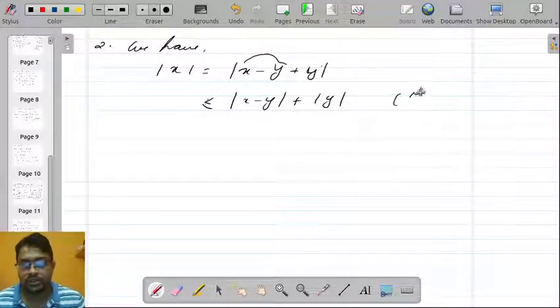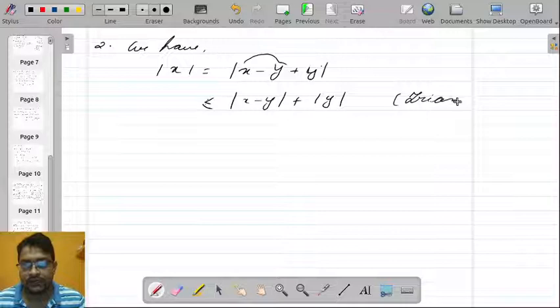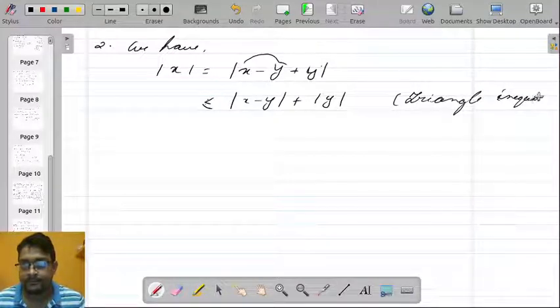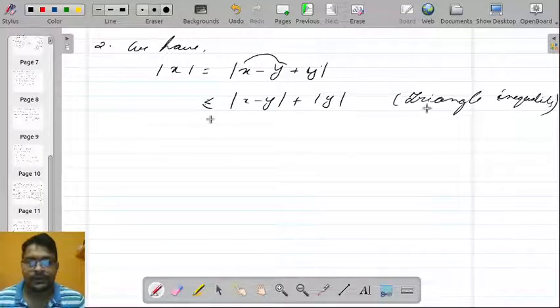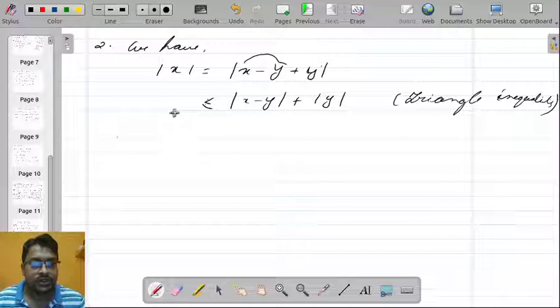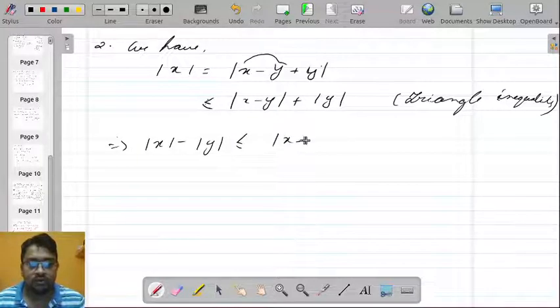So this follows by the triangle inequality. And then I can just change sides. So this implies mod x minus mod y is less than or equal to mod of x minus y. So one part I have shown.